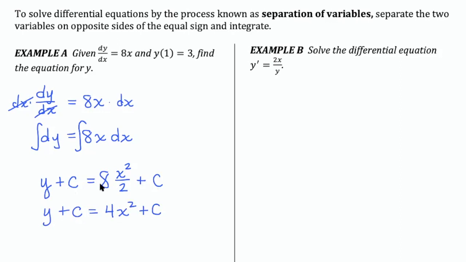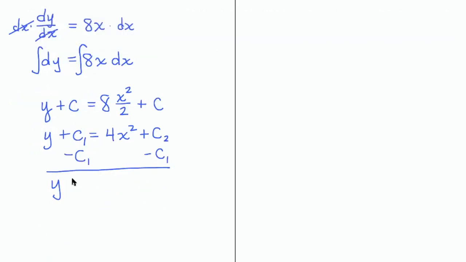Now, the situation with the constants is we don't actually need to put a constant on both the left and the right, because ultimately, if I number my constants, I'd want to move the constant from the left over to the right to get my equation solved for y. And so I end up with a constant term that's made up of constant 2 take away constant 1.